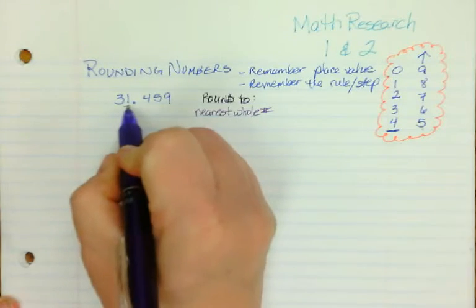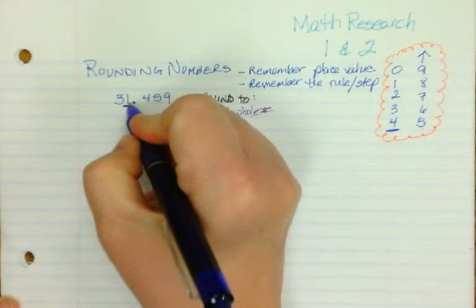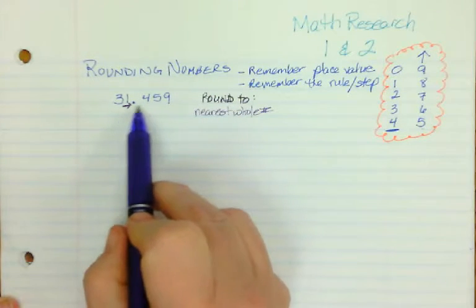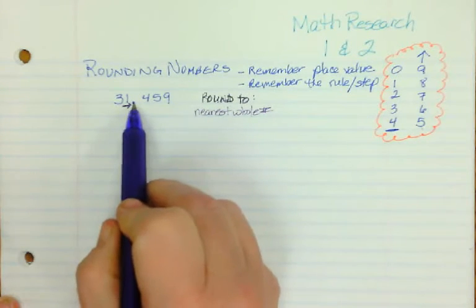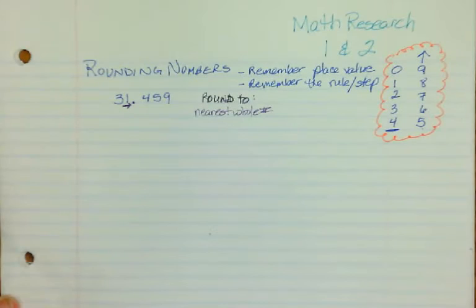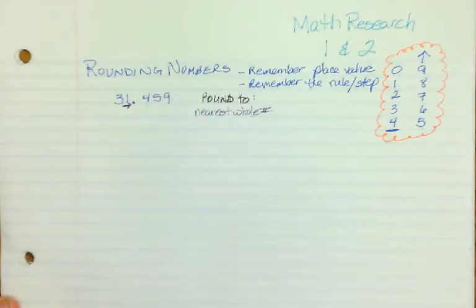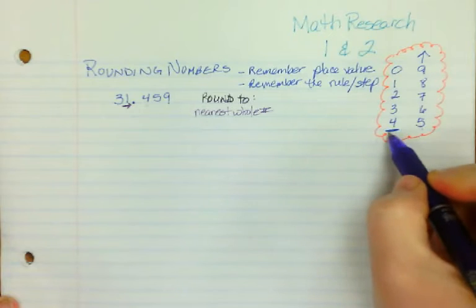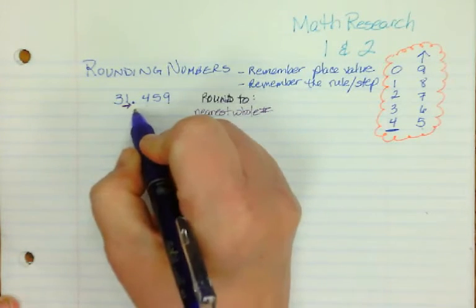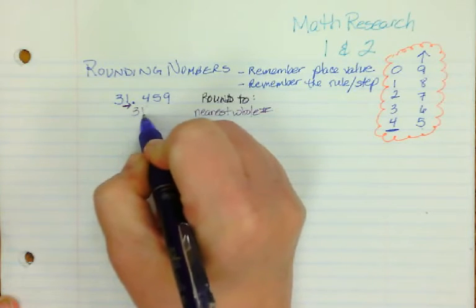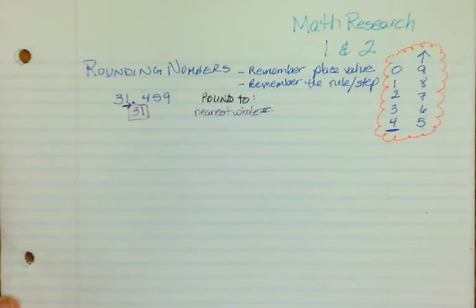Well, my whole number would be this one, so I put a line under it. Now I'm going to stick a little arrow and it tells me I'm going to look at the next number. I know that I'm looking at the whole number because there's my decimal, so I'm at the ones place. The number next to it is a 4. Looking at my chart, 4 says to stop and leave it alone. So that means I'm going to do 31, and that's my answer. I ignore all of that right there.